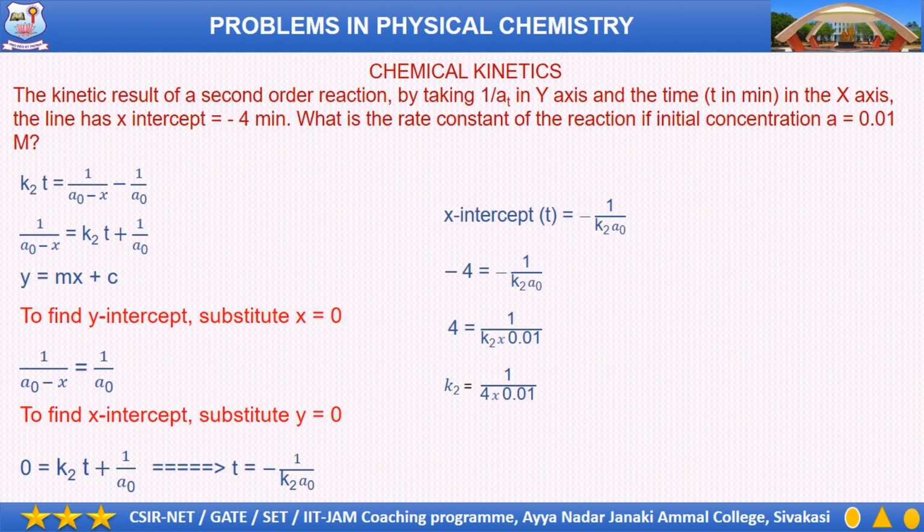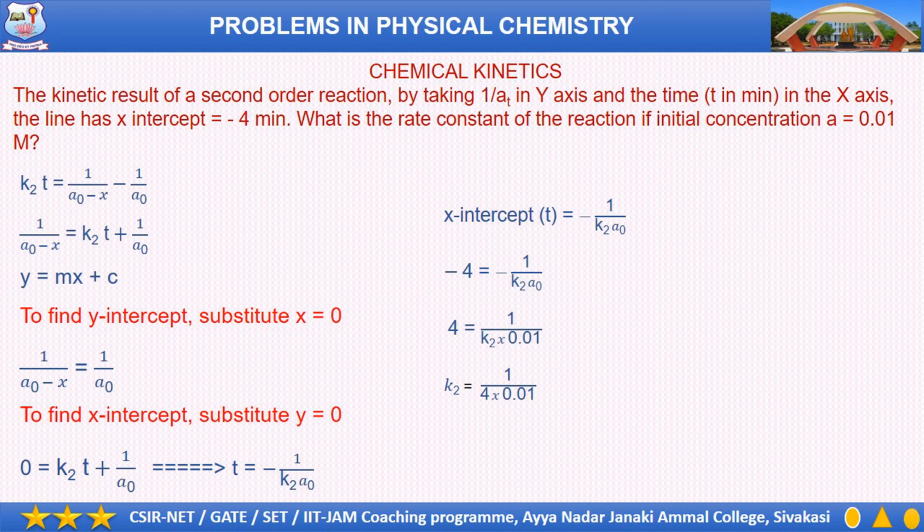The kinetic results of a second order reaction are plotted by taking 1 by A on the y-axis and the time t in minutes on the x-axis. The line has x-intercept. Note the point, x-intercept. It is not y-intercept.